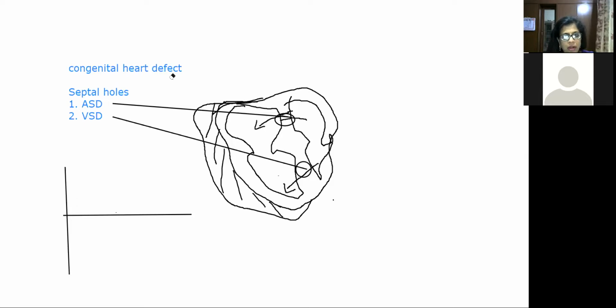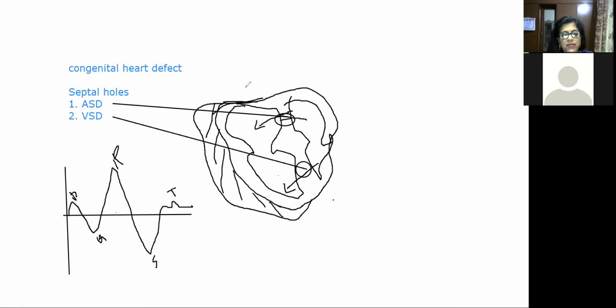I will redraw again. This is what you call the PQRST curves. I hope you know them. This is P, this is Q, this is R, this is S, this is T. They are called PQRST curves.